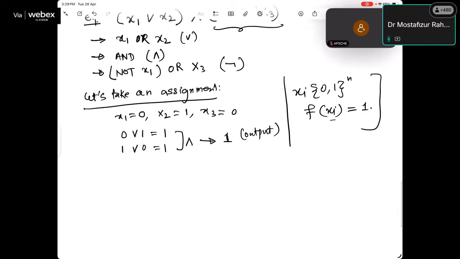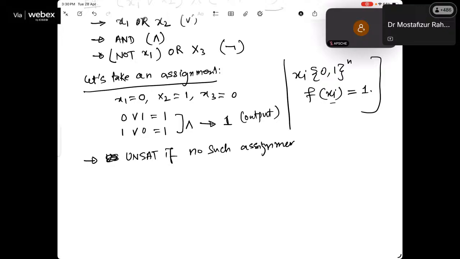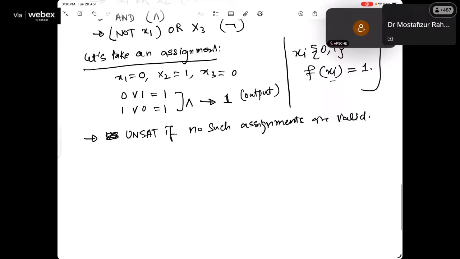Now if no assignment works, if there is no such assignment, then we call that particular problem an UNSAT problem, or unsatisfiability problem. This problem comes under NP-complete problems.